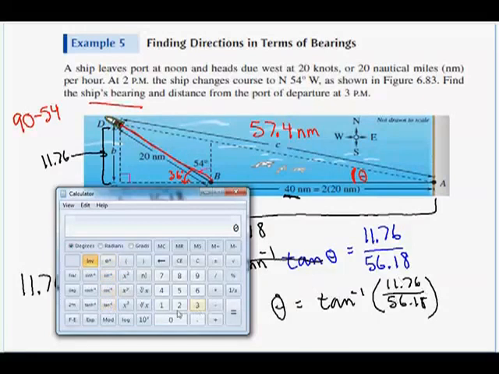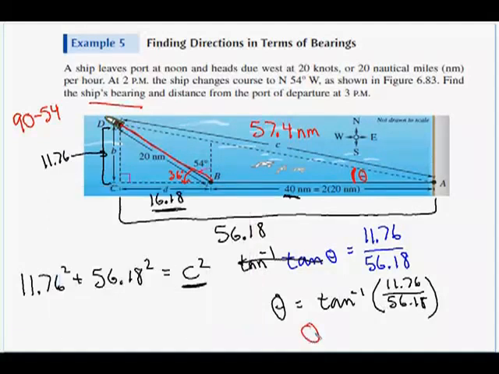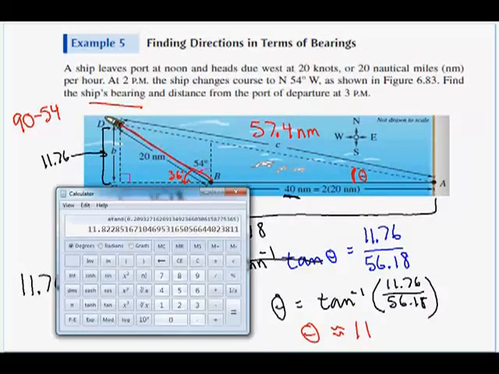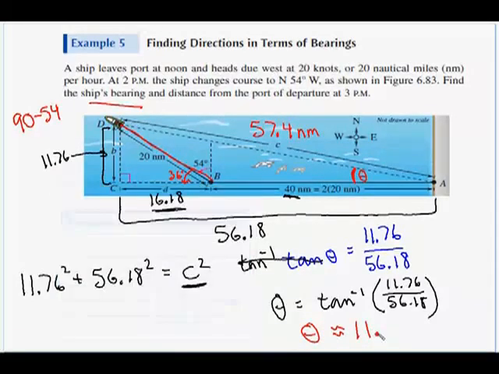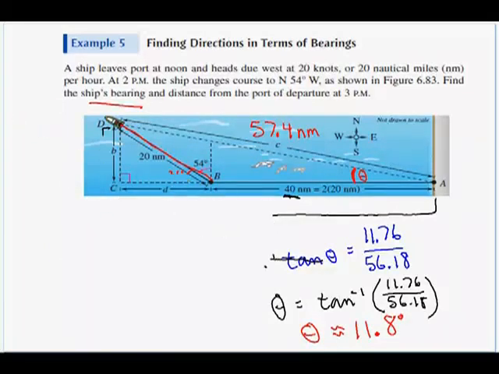So I'm going to divide the fraction first, 11.76 divided by 56.18, and I'm going to get that decimal, and then I'm going to tan inverse it. And I got 11.8 degrees. So theta is approximately 11.8 degrees. And again, that's going to help us find our bearing from the port of departure.